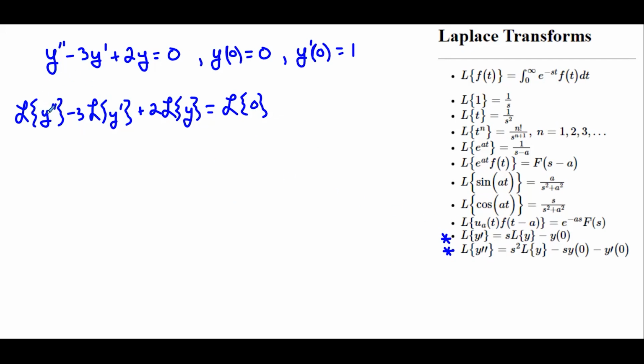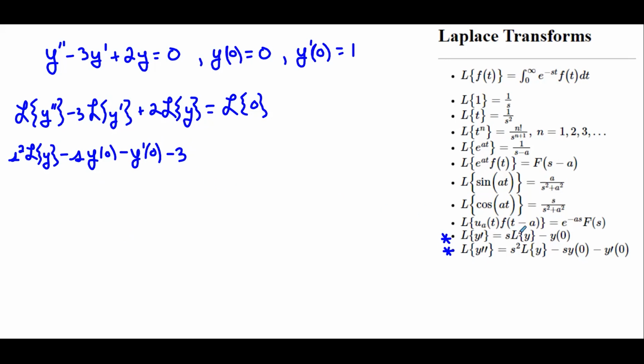So the Laplace transform of y double prime is going to be this s squared. Let me just write this down. S squared Laplace transform of y minus s times y of 0 minus y prime of 0. So that's the Laplace transform of y double prime. Now we're going to do the Laplace transform of y prime.